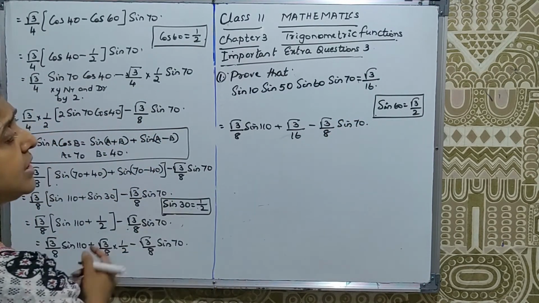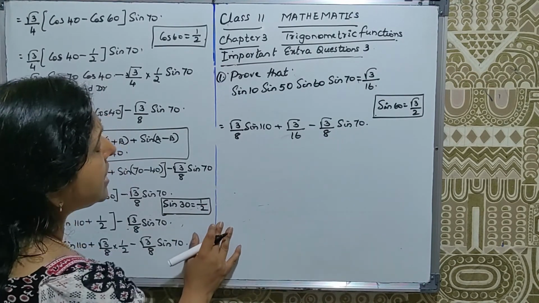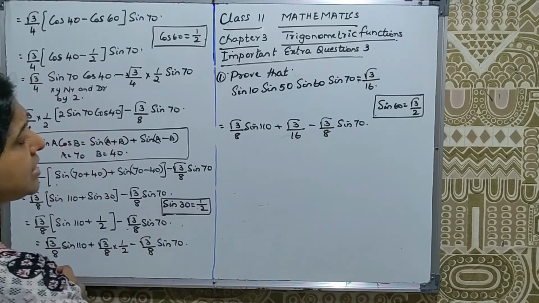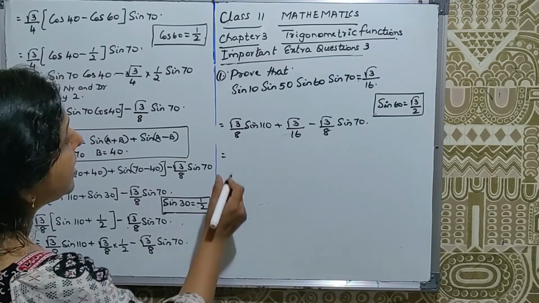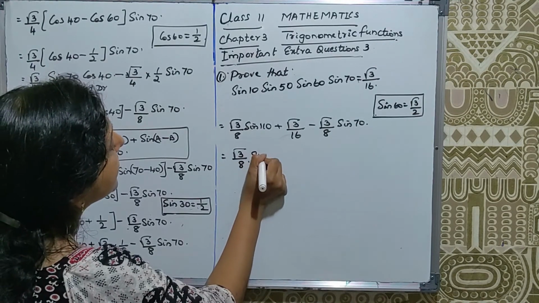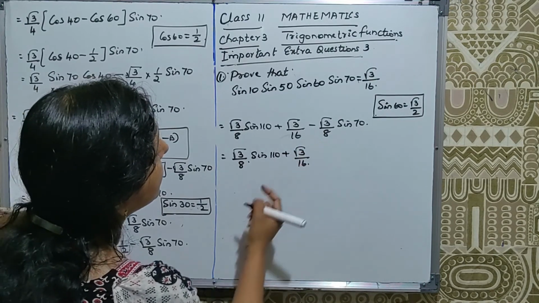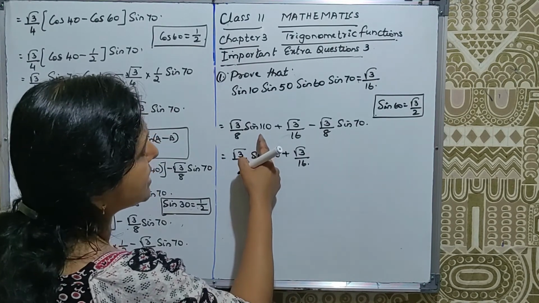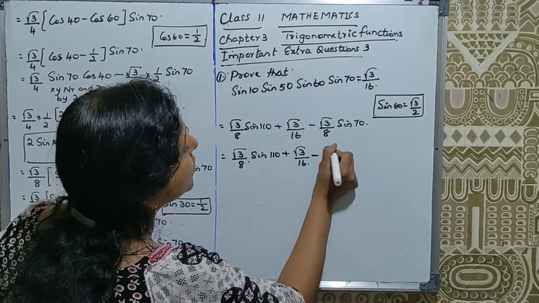Now we got root 3 by 16, which means we should cancel either sin 110 or sin 70. Either 110 you can change into 70 or 70 you can change into 110. I'll change sin 70.